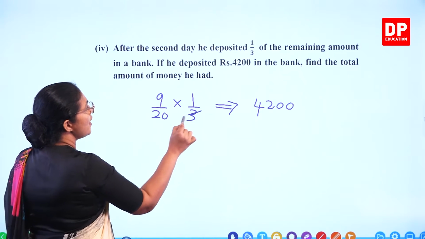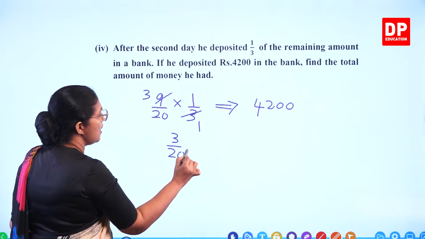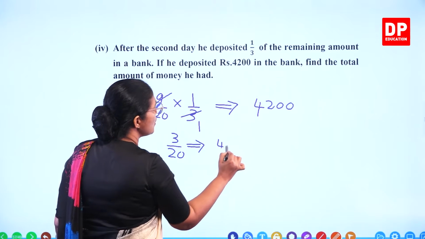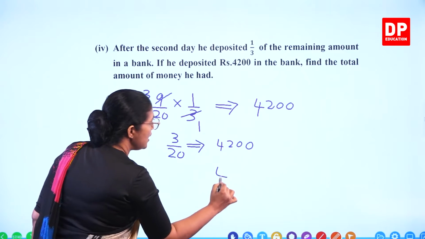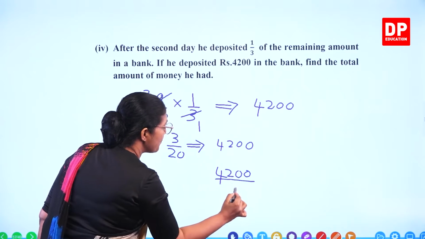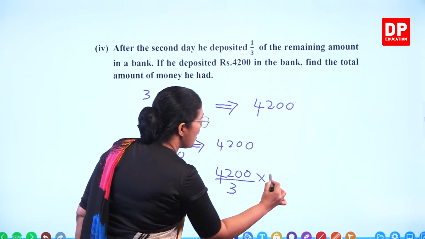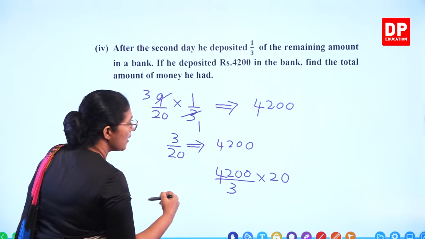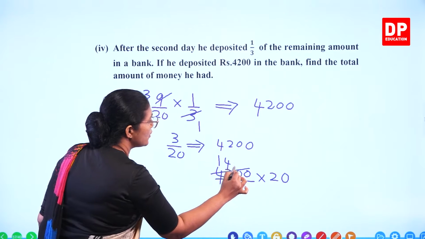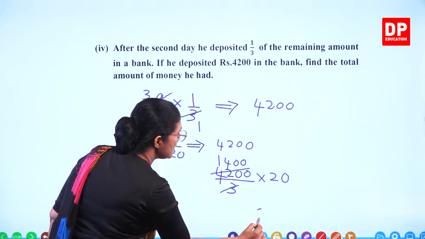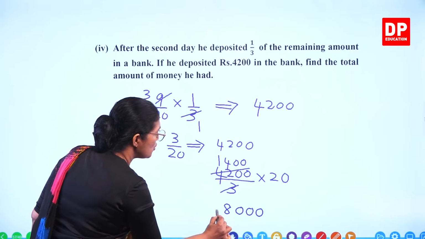So when you simplify this, you get 3 parts out of 20, meaning 4,200. To find one part, you need to divide this by 3. To get the full 20 parts, you have to multiply by 20. So let's do that. 4,200 multiplied by 20: 2 times 4, 8, 2 times 1, 2.